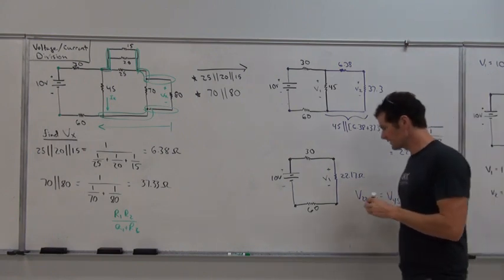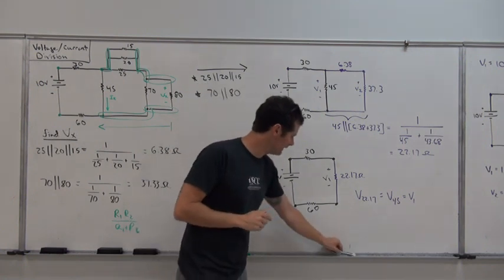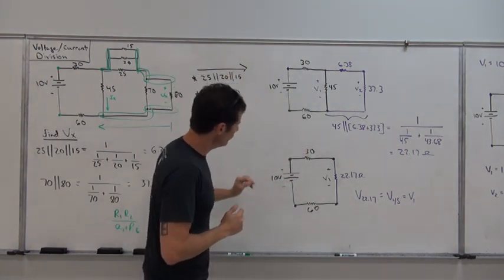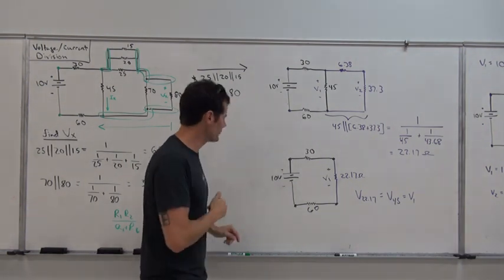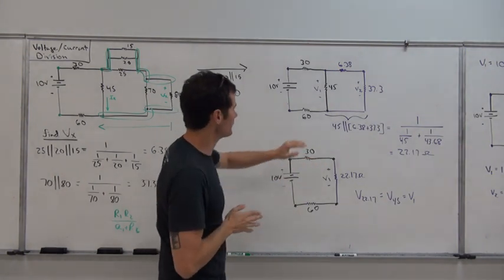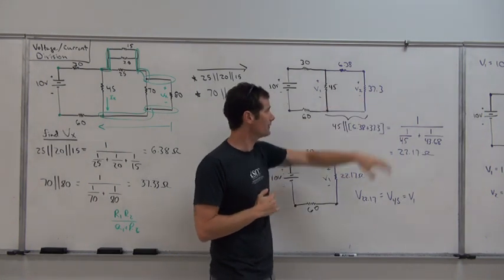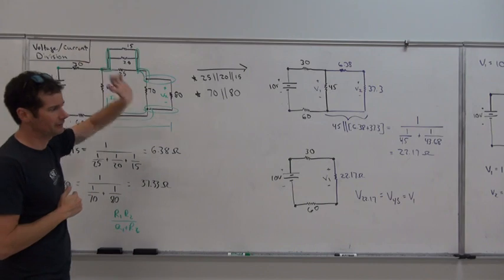Let's look at this a little bit further in terms of intuition within the circuit. If I personify myself as the 10 volt source, and I'm looking into this circuit right here, I don't see 45 ohms of resistance or 6.38 or 37.3, or 70, 80, 25, 20, and 15.